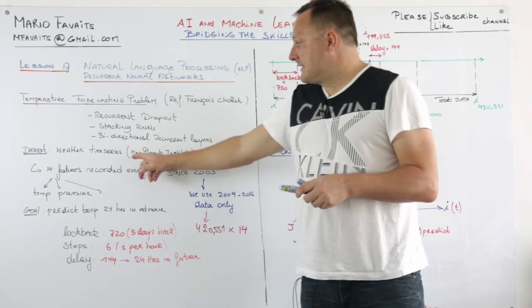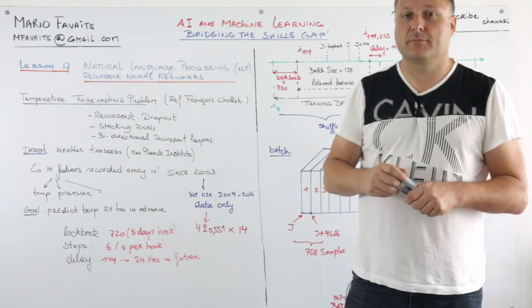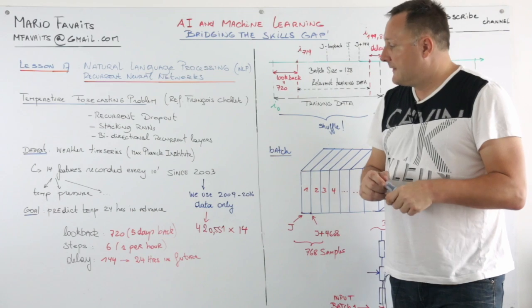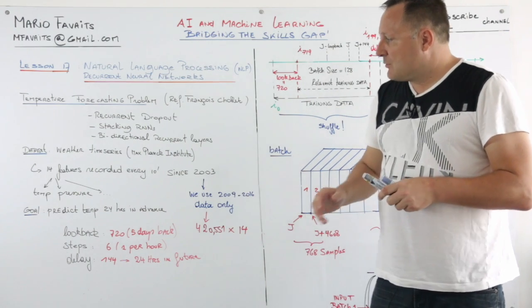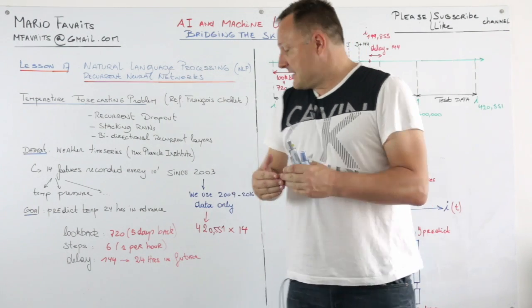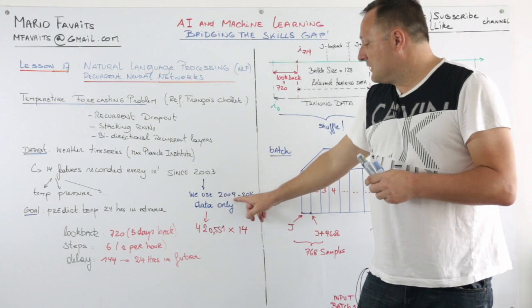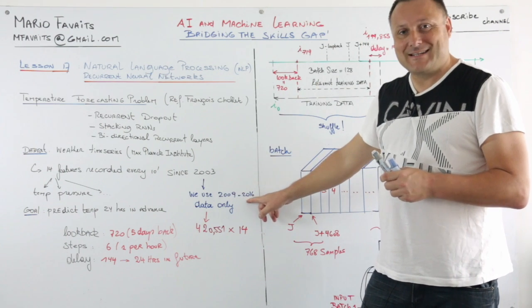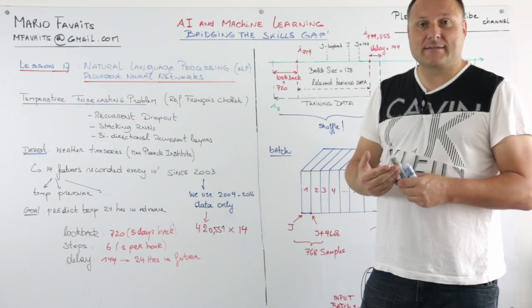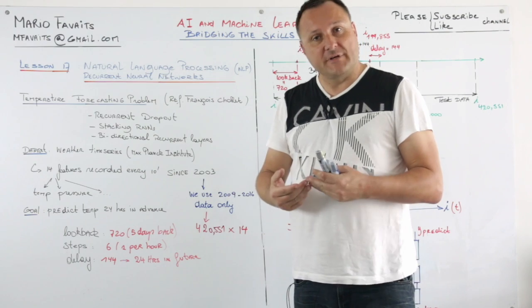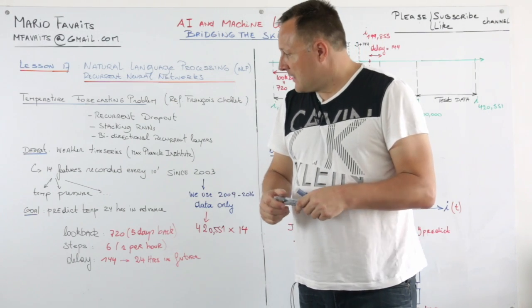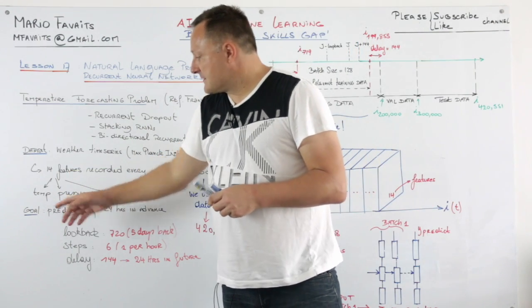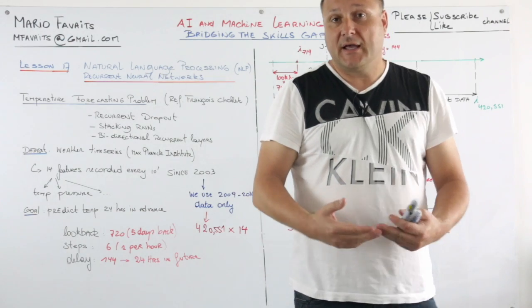The data set is the weather time series from the Max Planck Institute in Germany. And basically what you have is, between 2009 and 2016, every 10 minutes, 14 weather features were recorded. So 14 weather features like temperature, pressure, and so on.